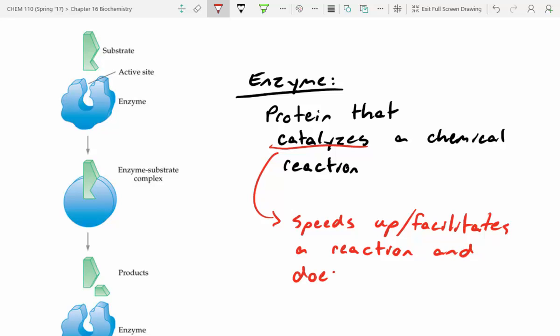And it doesn't get consumed. So essentially a catalyst, like a catalytic converter in your car, is converting potentially harmful gases into relatively benign gases, but it regenerates itself every time it does that. So the catalyst is, in theory, recyclable, right?